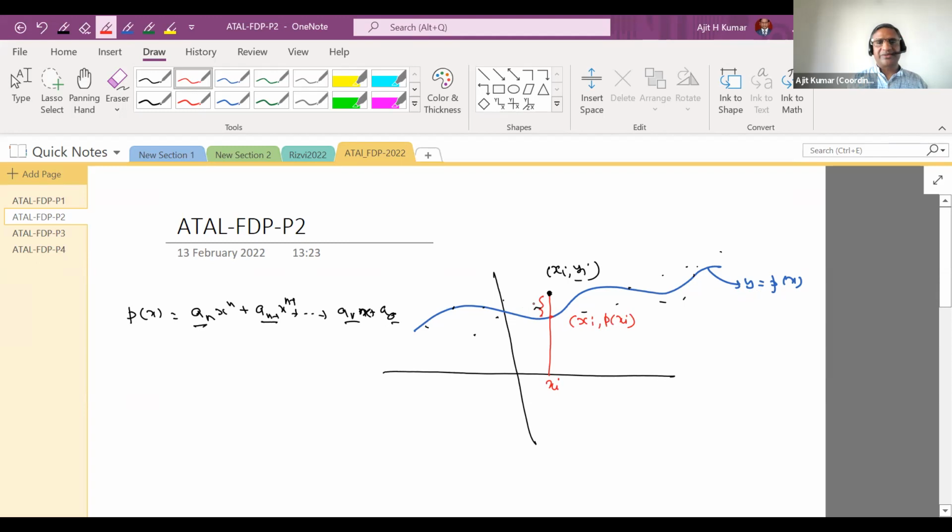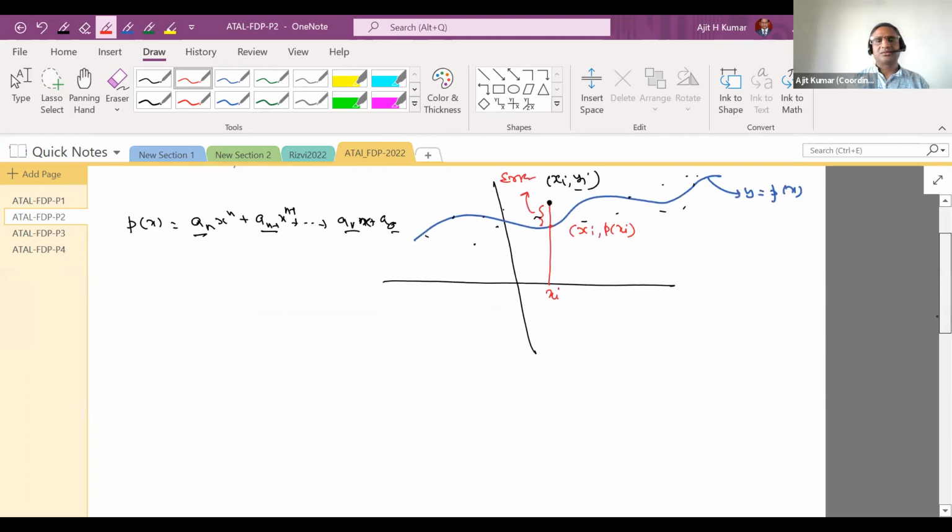So I will call this the error. This is the error term that you have committed while doing the experiment at the ith input point. What will this error be? Can somebody tell me? Vertical distance: yi minus p of xi. Is this correct?